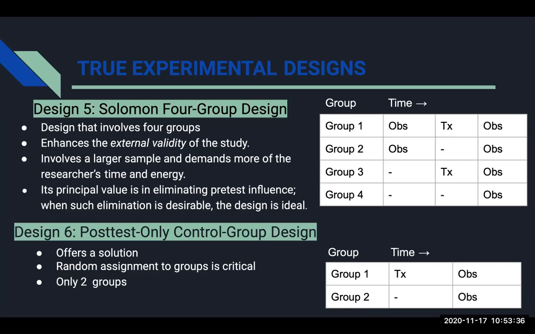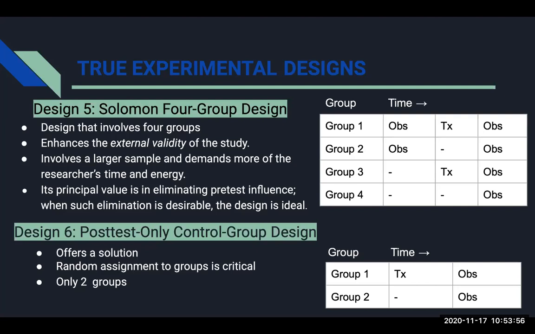For instance, perhaps the pre-test increases people's motivation. It makes them want to benefit from the treatment received. Such an effect is another instance of the reactivity effect described in Chapter 4.